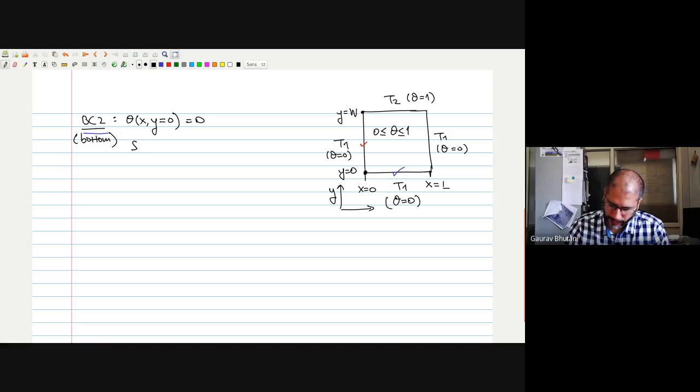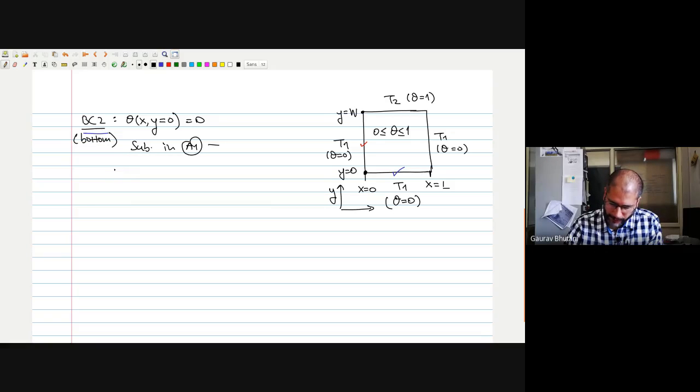So I'll substitute this in A1. That's the updated version of my expression for theta. So when I substitute that, remember A1 only had the C2 sine lambda x term.